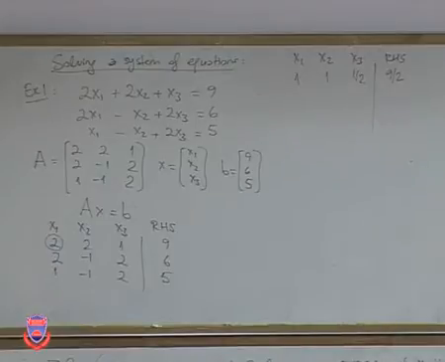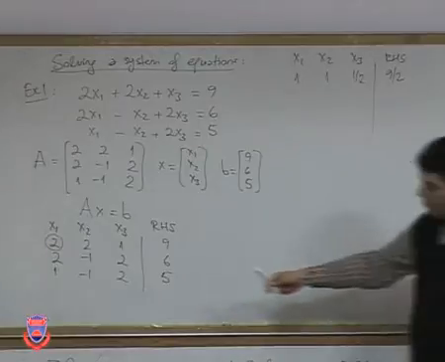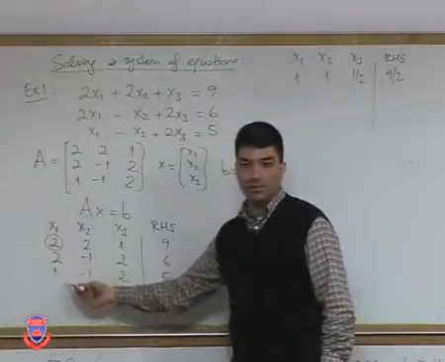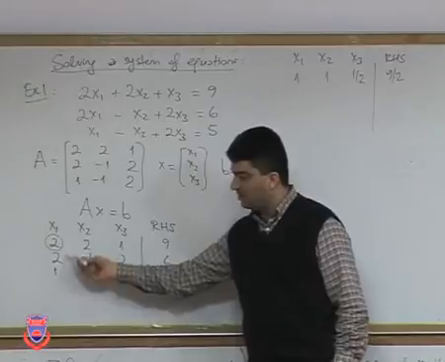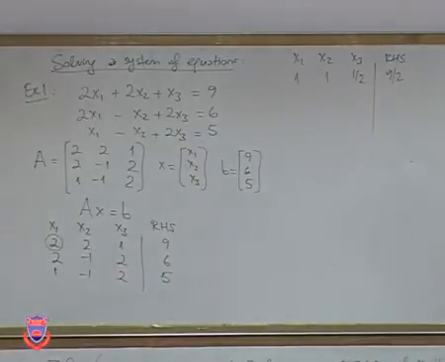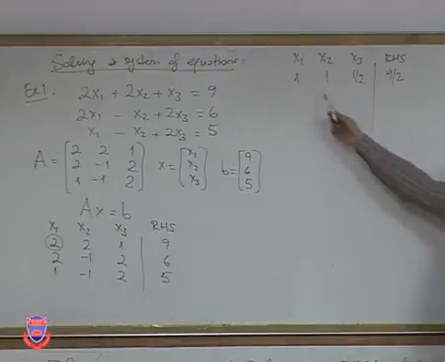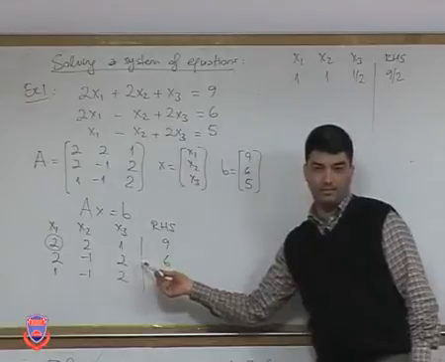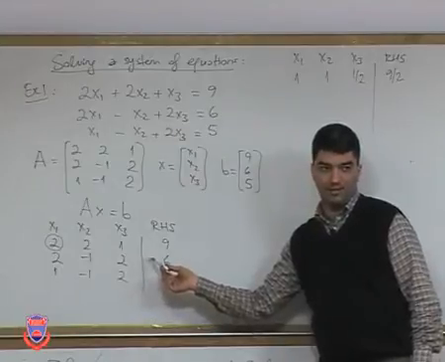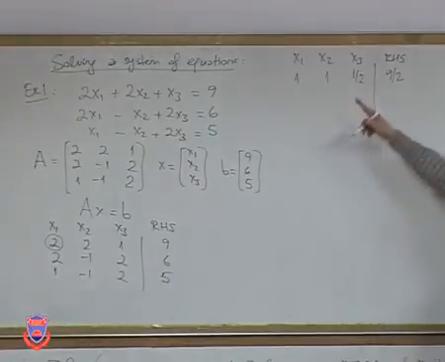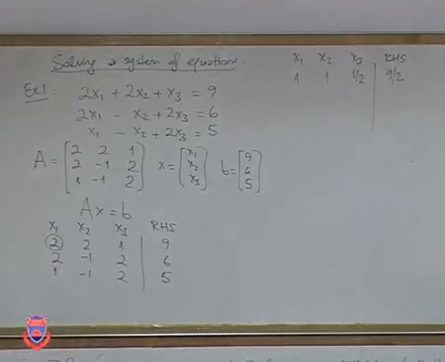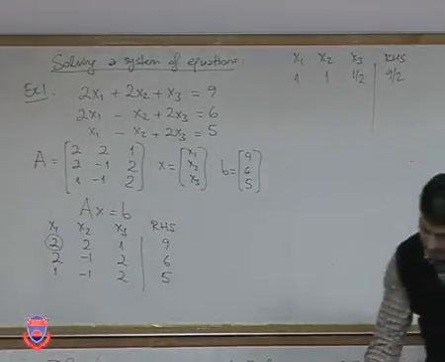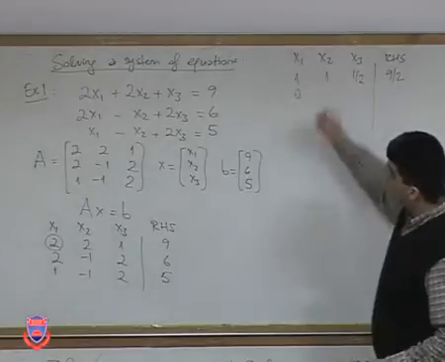Then what do I do? I want to also turn the other coefficients in the first column to 0, so I want to replace them by zeros. How do I do that? I can multiply this row by minus 2 and add it to the second row. You've seen this, right? If I multiply this by minus 2 and add it to the second row, what do I get? The first term becomes 0.